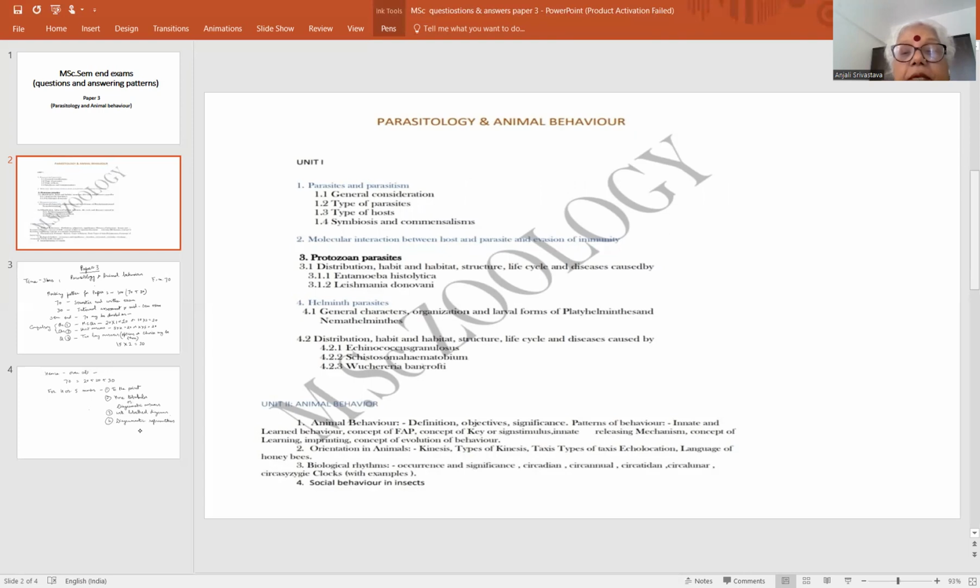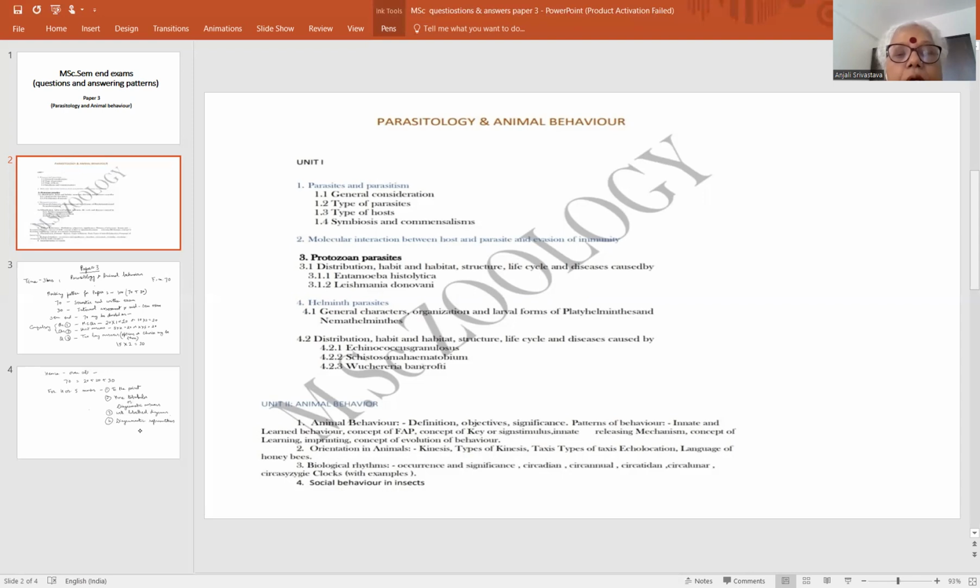Then helminth parasites, you can get the diseases. Again here the pathogenicity, Echinococcus granulosus. Then Schistosoma haematobium, ये बिल्कुल species and generic name isolate नहीं किया हुआ है, separate नहीं किया हुआ है.